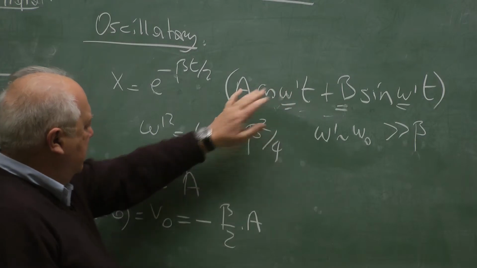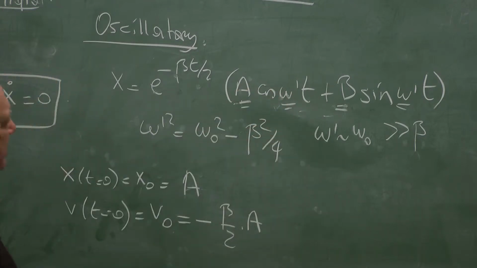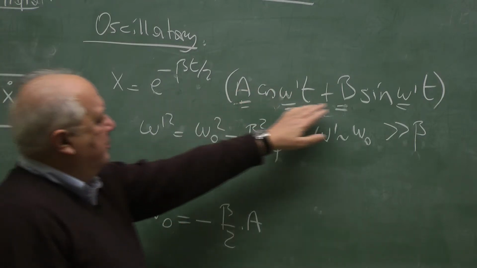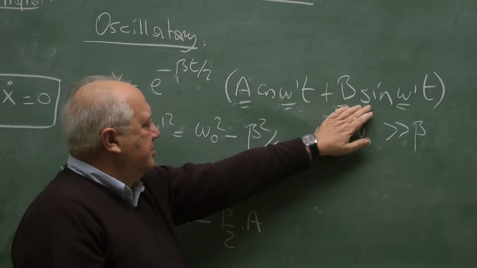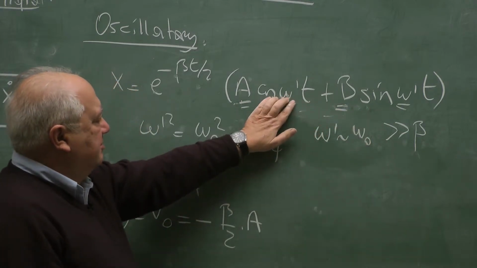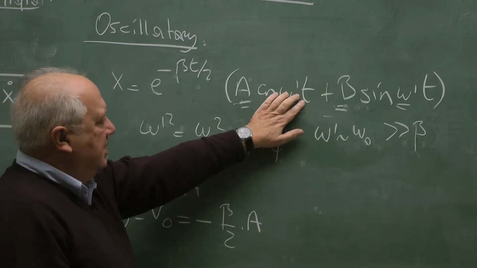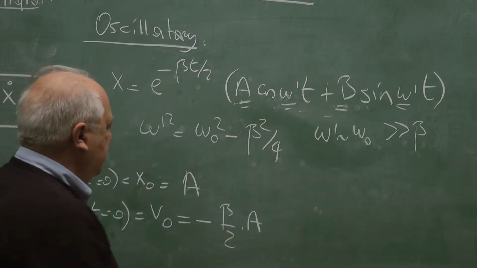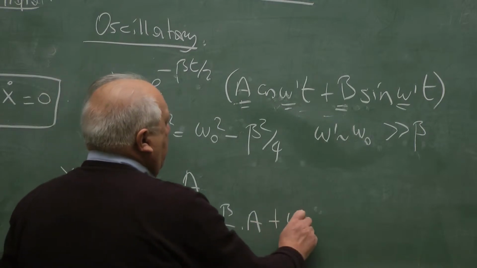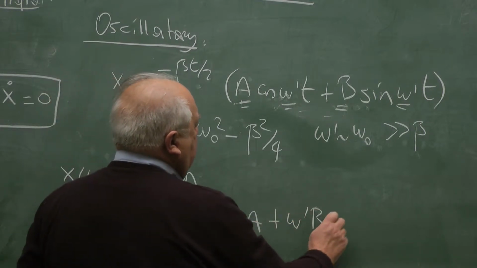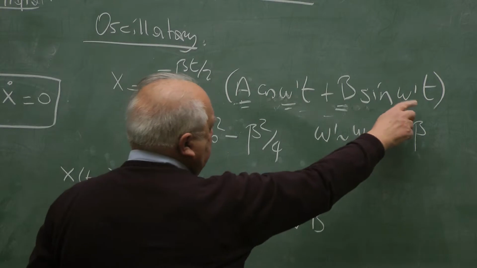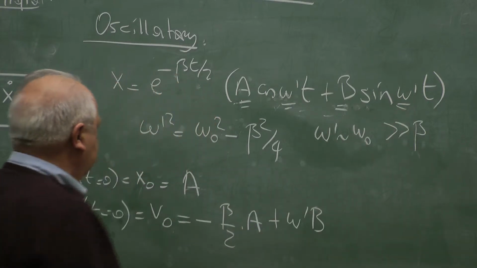This is 1. I have A. Next, take the derivative of this one and set time equals 0. If you take the derivative of cosine, it is sine. Then it is 0 at time equals 0. And this gives me plus omega prime B cosine omega prime t, which is 1.